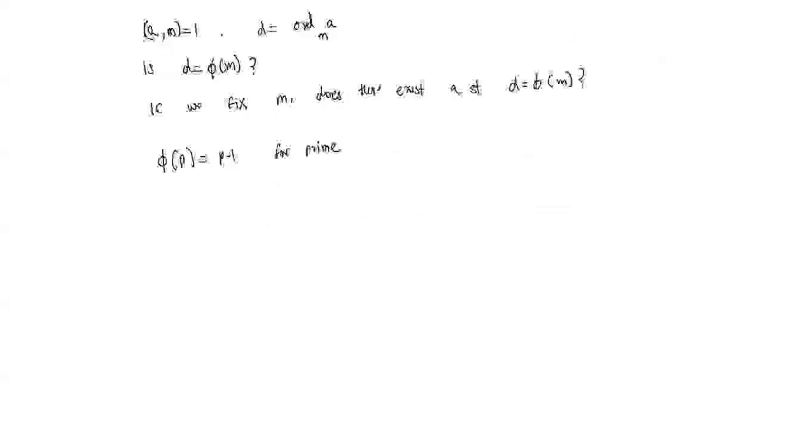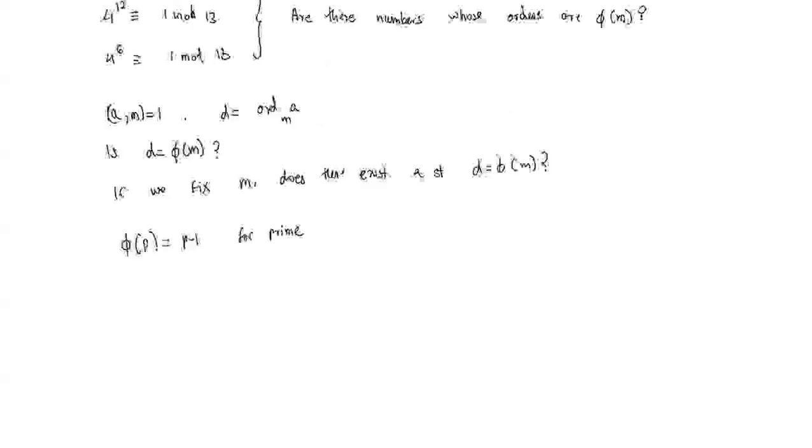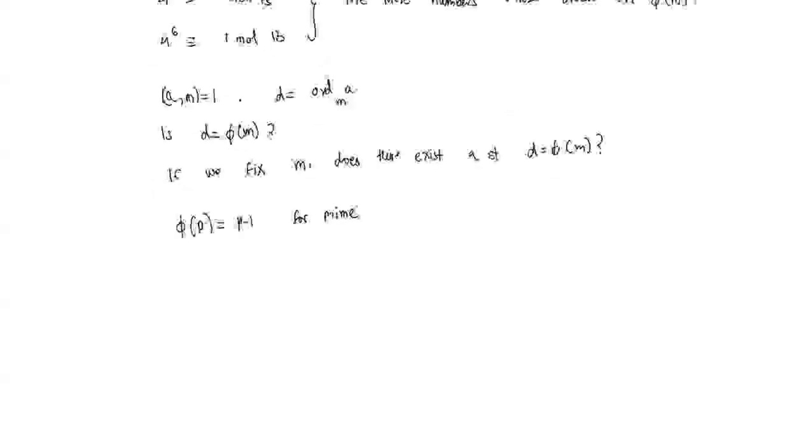The key point is, I know what phi of m is, so I have more properties about the orders, which would additionally help me in developing more on the structure. So the question is, can we find an a? The answer is, for some m you can.